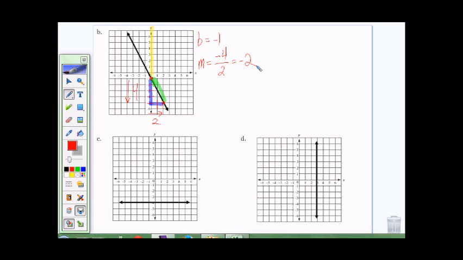Do you see what I mean? So my slope in this case is going to be -2. Because if I had caught that first point, I would go down 2 over 1. Okay, so then -2x.